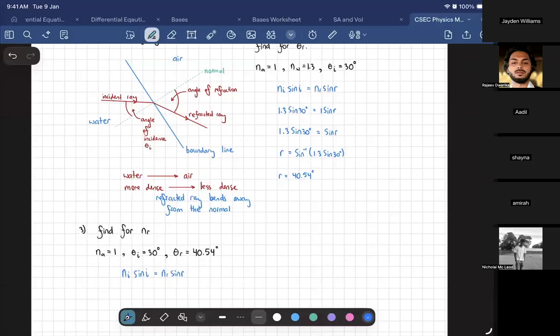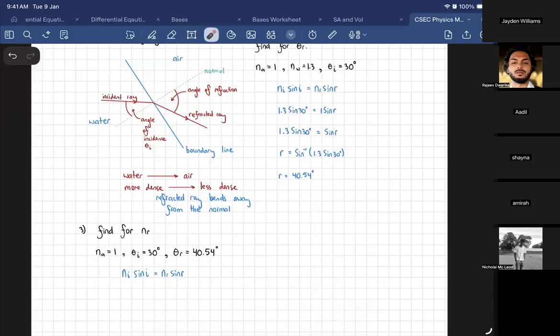Nah, don't say you don't know. You can figure this out. We need to fill in the variables. So what is Ni? What is Ni? 30. Okay. What does N stand for?